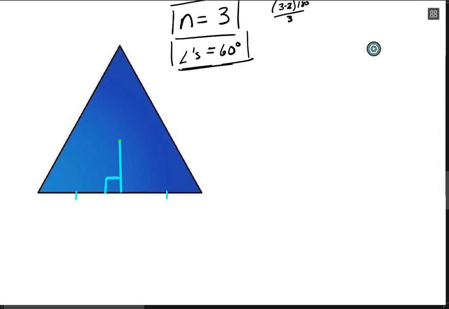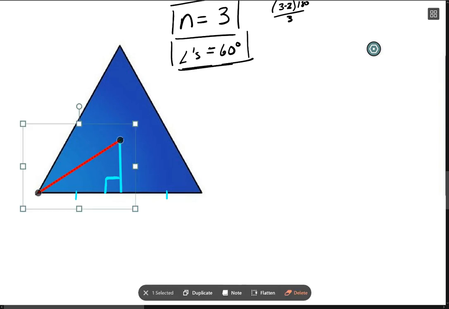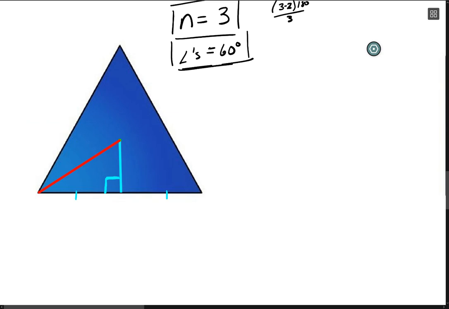So the vertex, which is right here, to the center. So that's the apothem. That's the radius, isn't it?